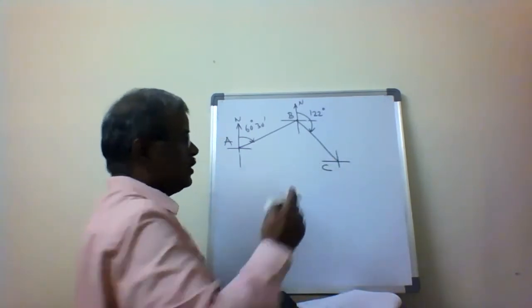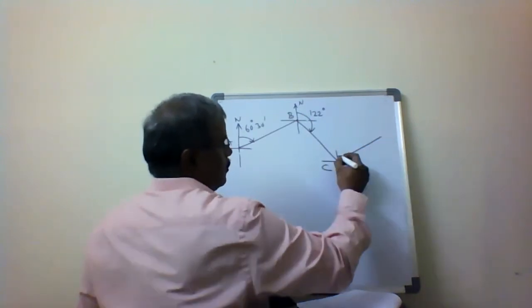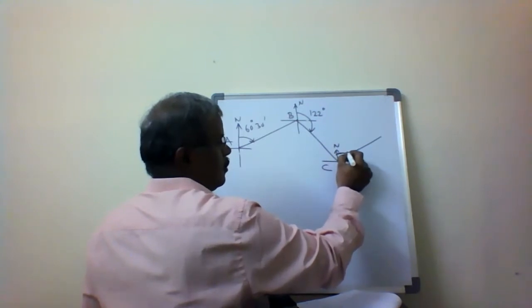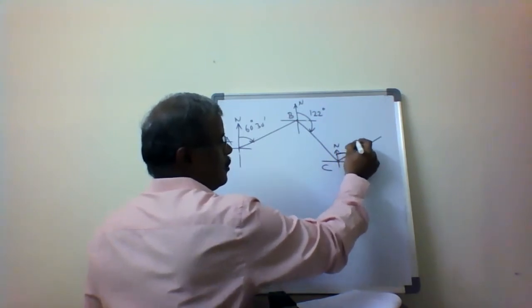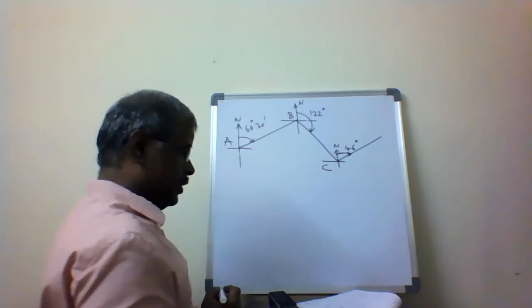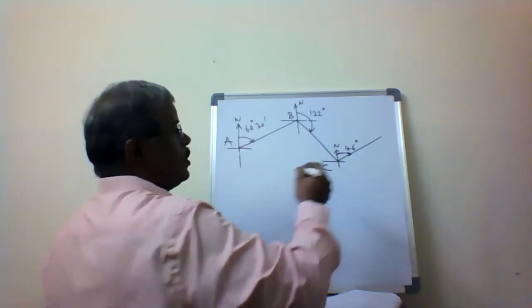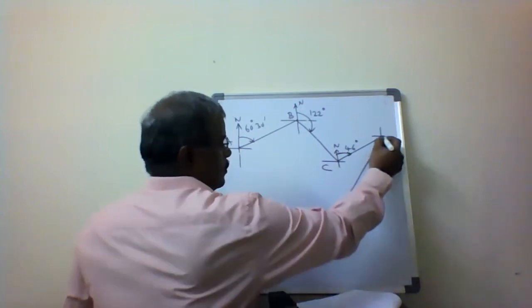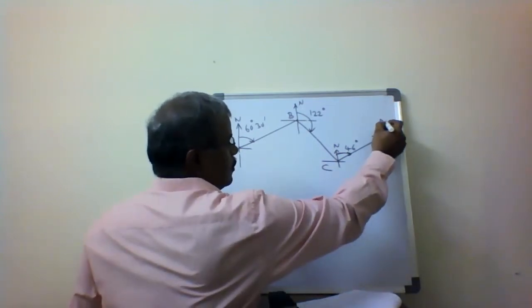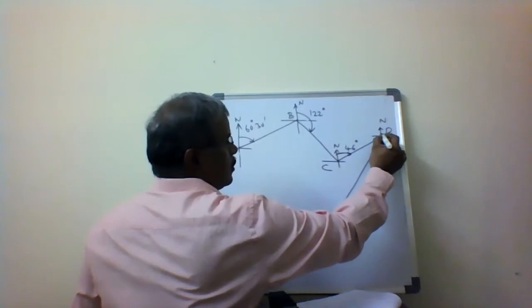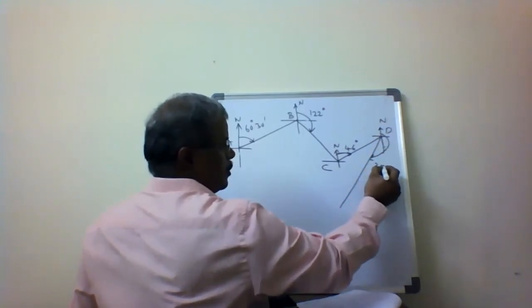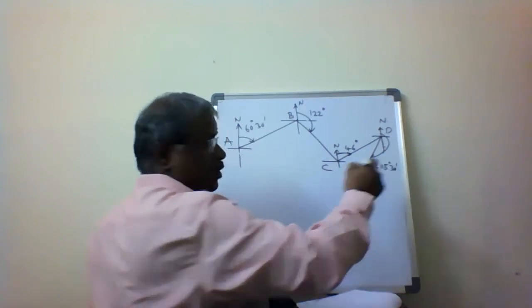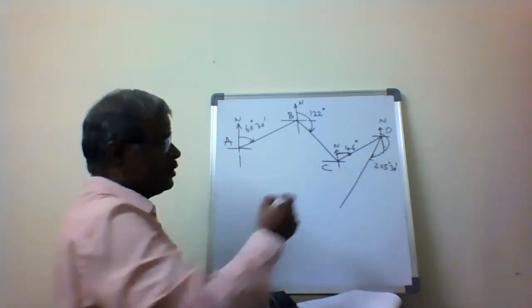C to D is 46 degrees. D to E is 205 degrees 30 minutes.